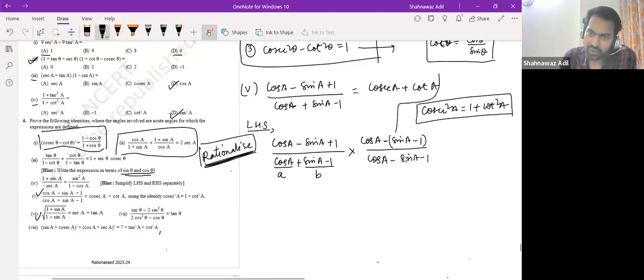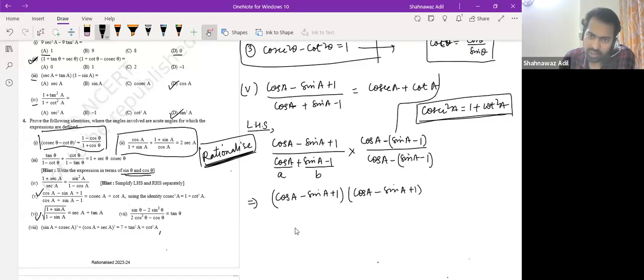I don't know whether I would be able to use this identity or not. Let's see. So this is the idea. Is this clear, guys? Yes, sir. Yeah, so this is how we rationalize. So after rationalizing, you can see that this is cos A minus sine A plus 1, and this is also cos A minus sine A plus 2.